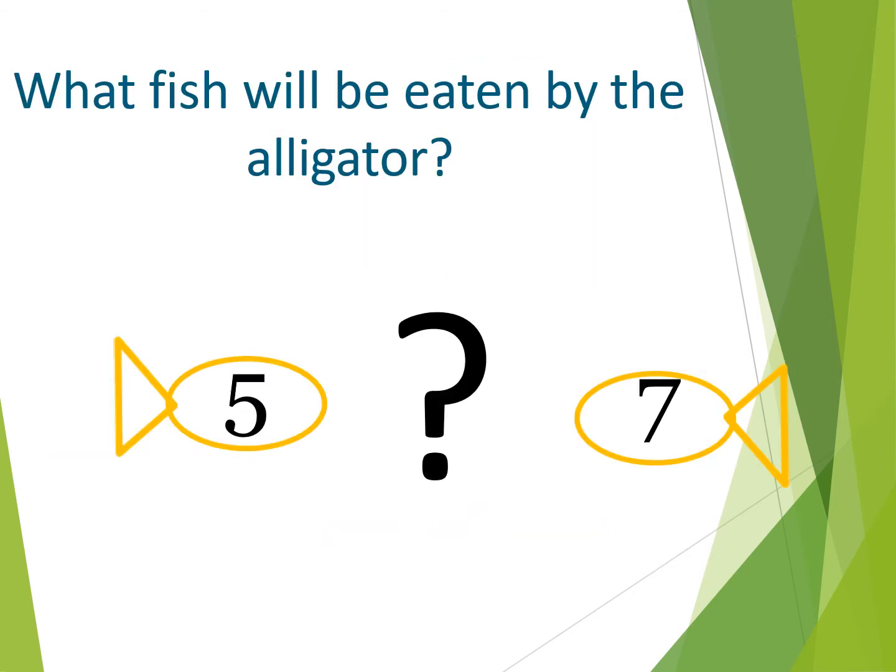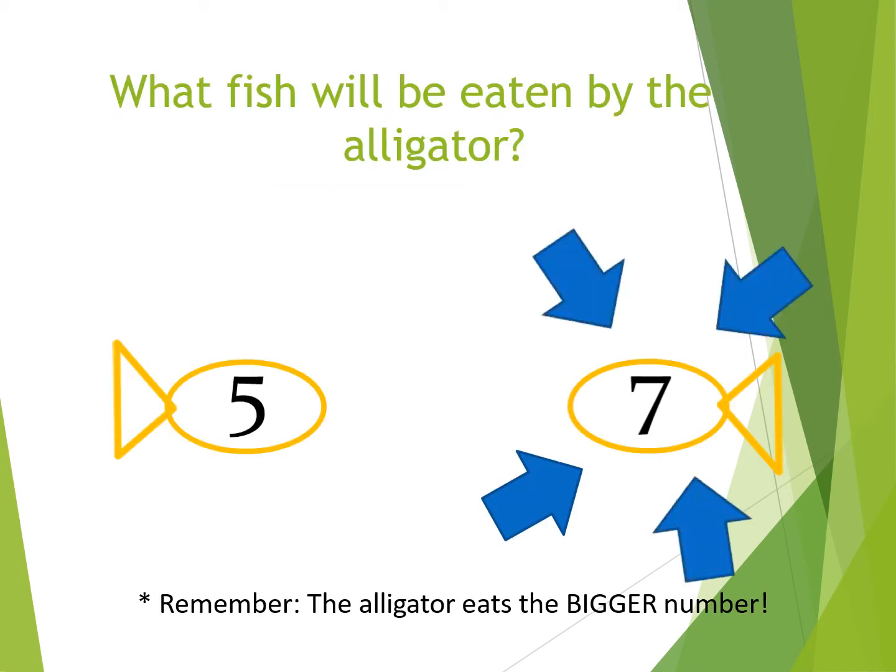And the next one, slowly the alligator is going. And now it found 2 more fish with the number 5 and number 7. So which fish will be eaten by the alligator? Yes, the alligator wants to eat the bigger number. Which is the bigger number now? Yes, 7. It went and trapped the number 7.